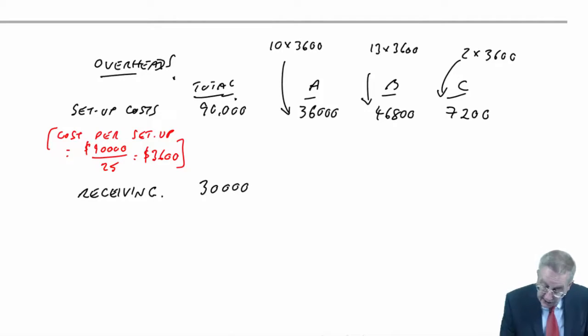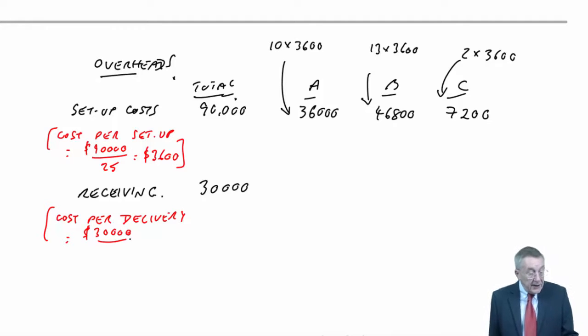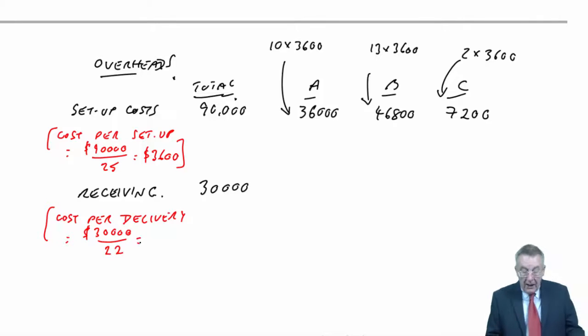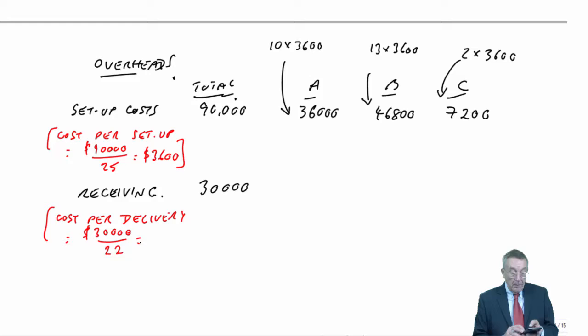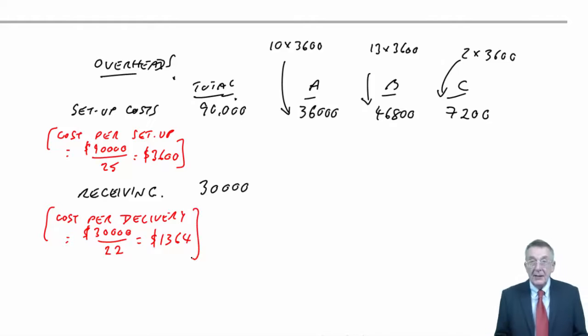And so, let's work out the cost per delivery. 30,000 in total. In total, how many deliveries? 10, 10, 2, so a total of 22, which means it's costing us 1,364 per delivery.